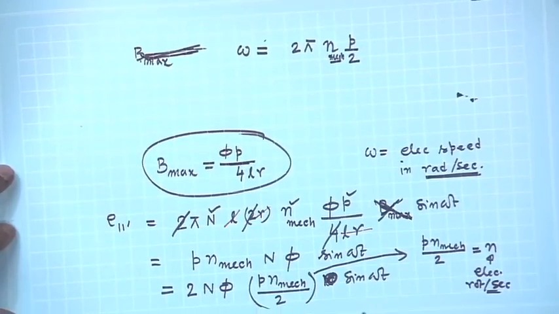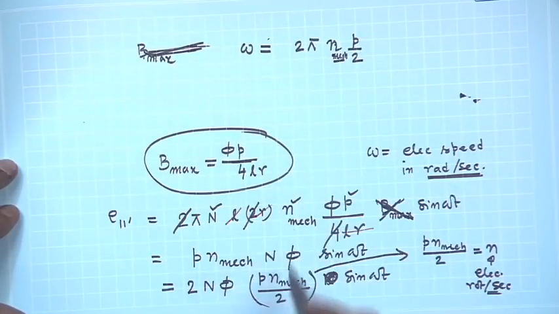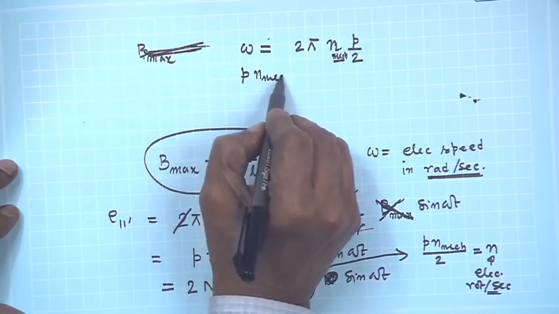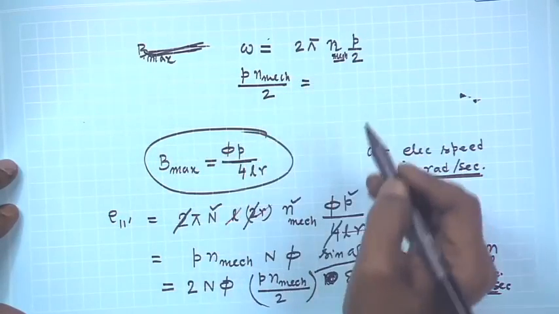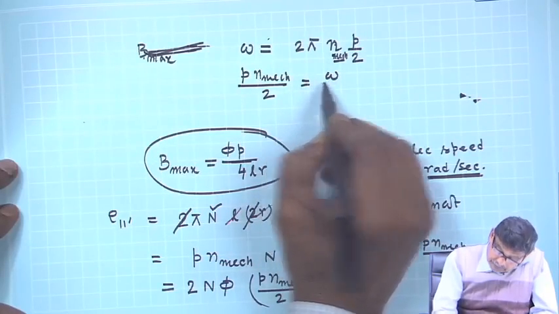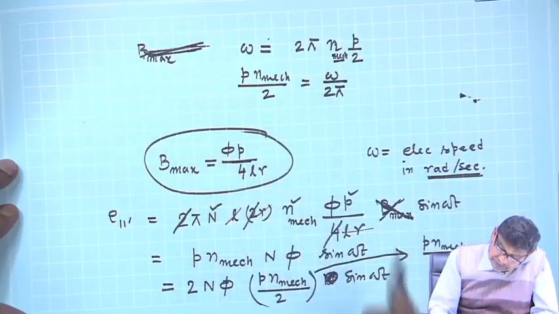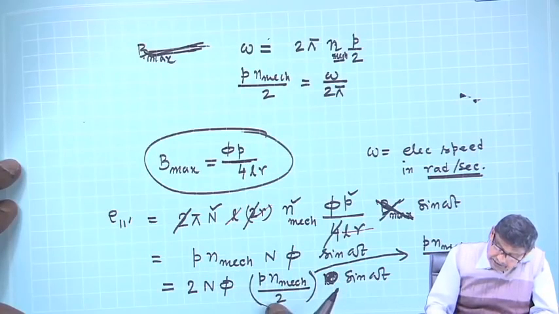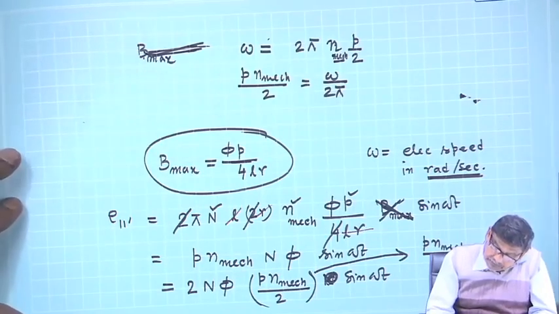Therefore, P n mechanical by 2 is nothing but omega by 2 pi, is it? P n mechanical by 2 is omega by 2 pi.